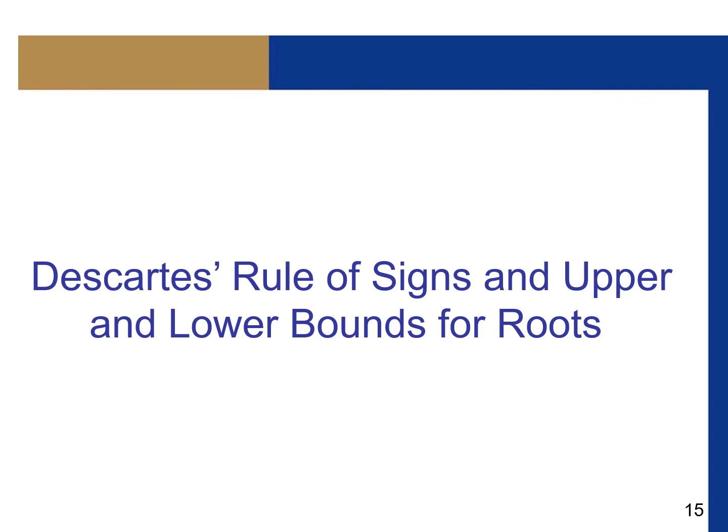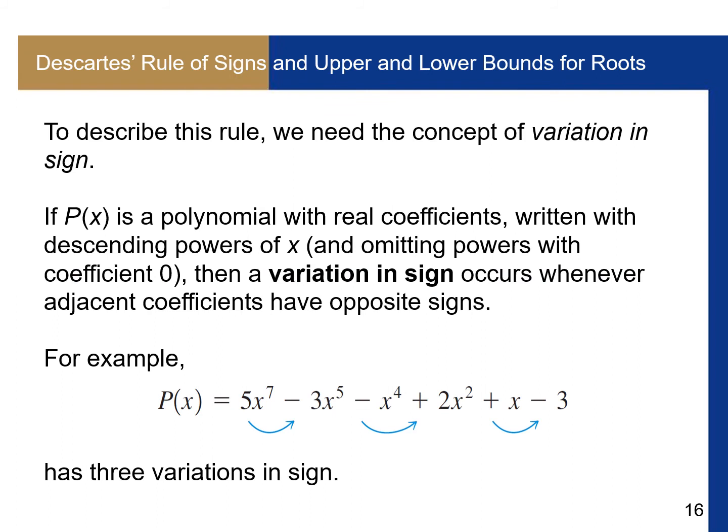Descartes' rule of signs and upper and lower bounds for roots. All right, so to describe this rule, we need the concept of variation of signs. We have a polynomial with real coefficients written in descending order. So I have my 7th, missing an x to the 6th.